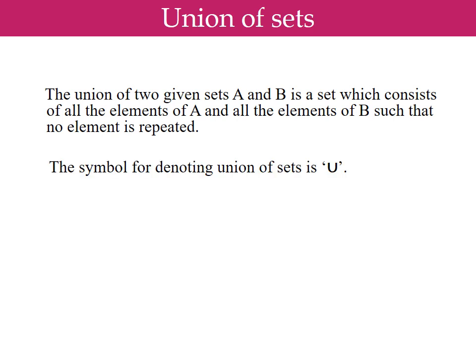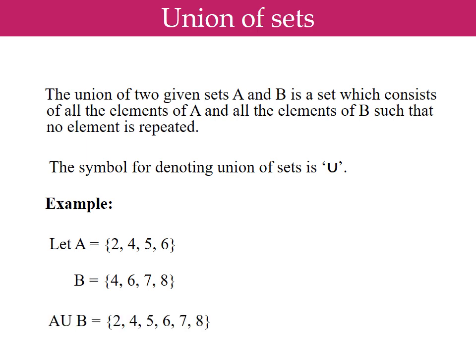Obviously, this union is indicated by the U symbol, the union symbol. Let A be the set 2, 4, 5, 6. B is equal to 4, 6, 7, 8. How can you find the union of these? Are any terms repeated? Yes, 4 is repeated. And while we are writing, we can consider 4 only once. So A union B is 2, 4, 5, 6, 7, 8.